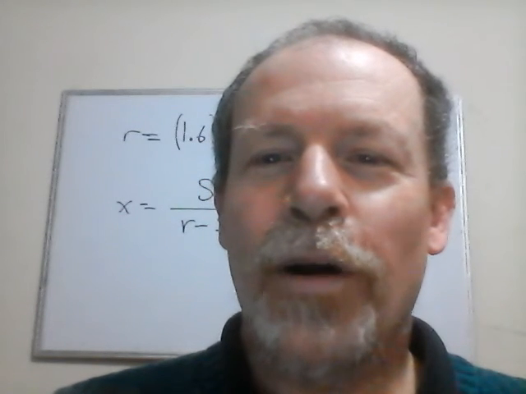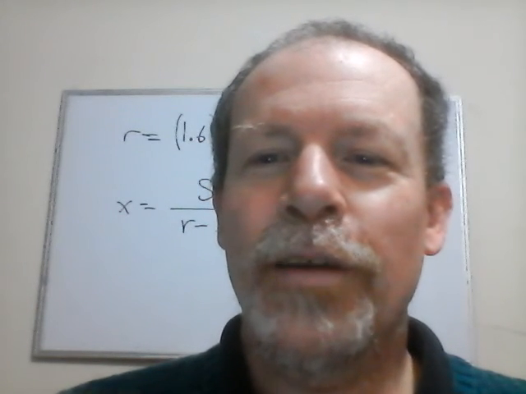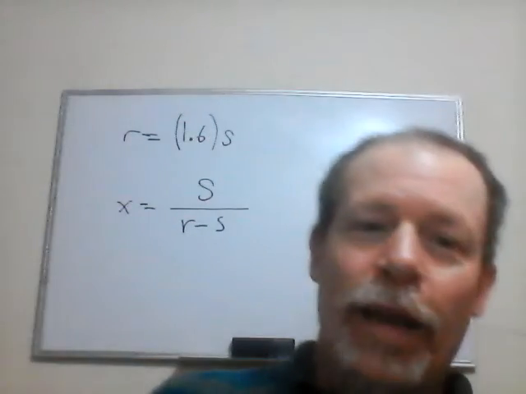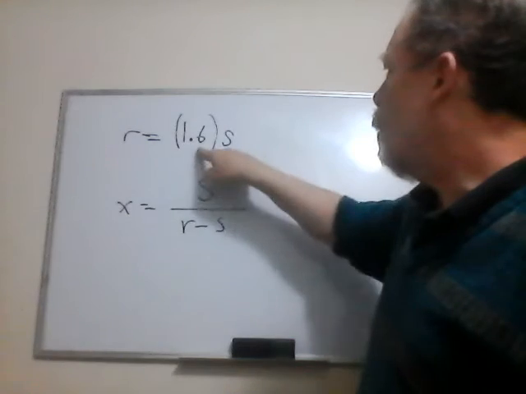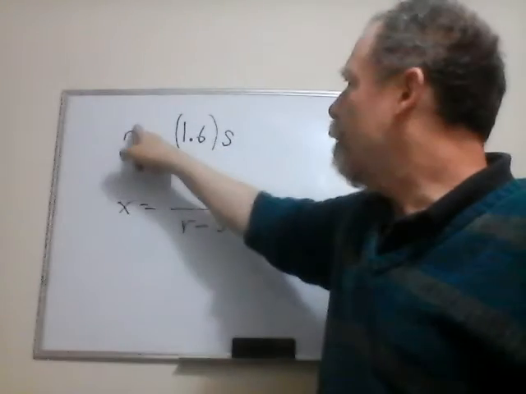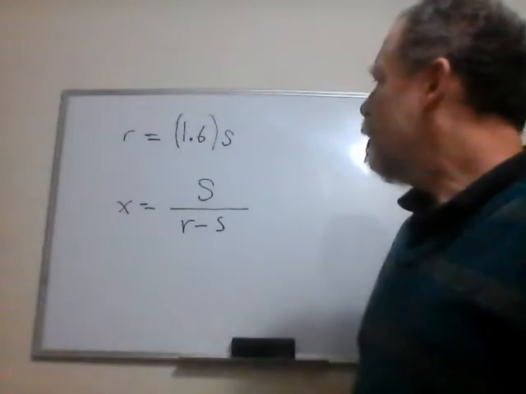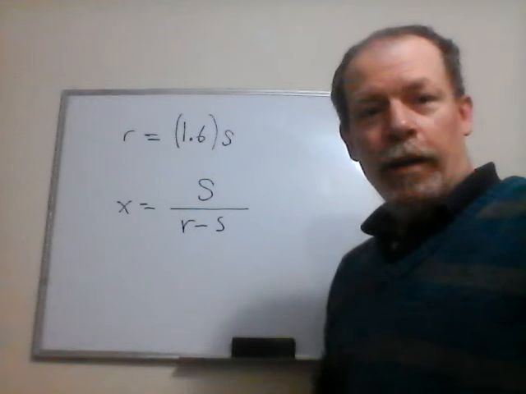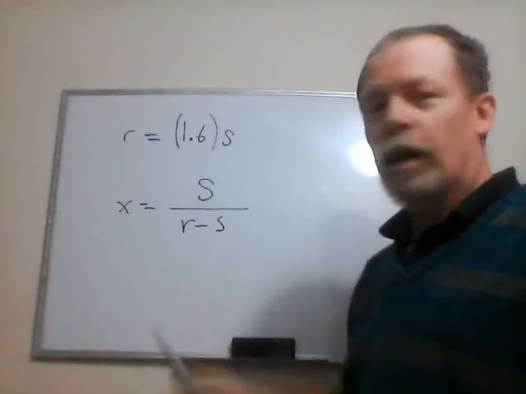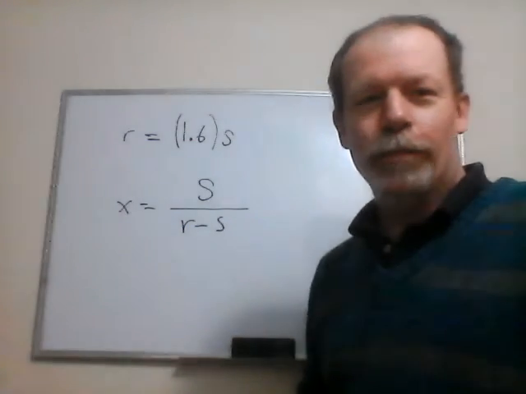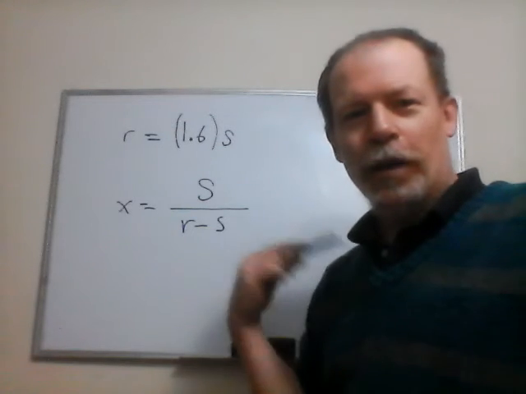It says if R is 160% of S, what percent of R minus S is S? So what I have done here is this is 160% of S, 1.6S, and I'll explain later why I've notated it this way. Down here, this is the part that on the real test, in an equivalent or similar problem, is probably going to cost you the time that I'm otherwise wasting in this video.